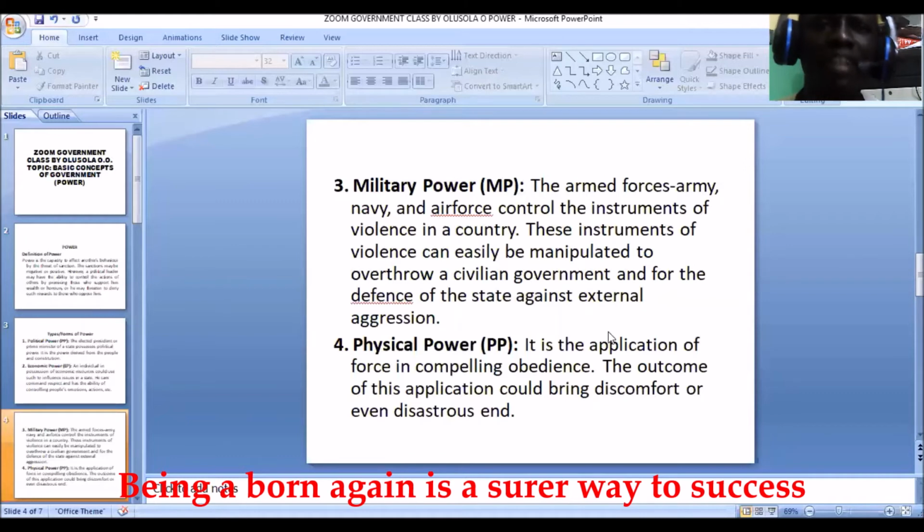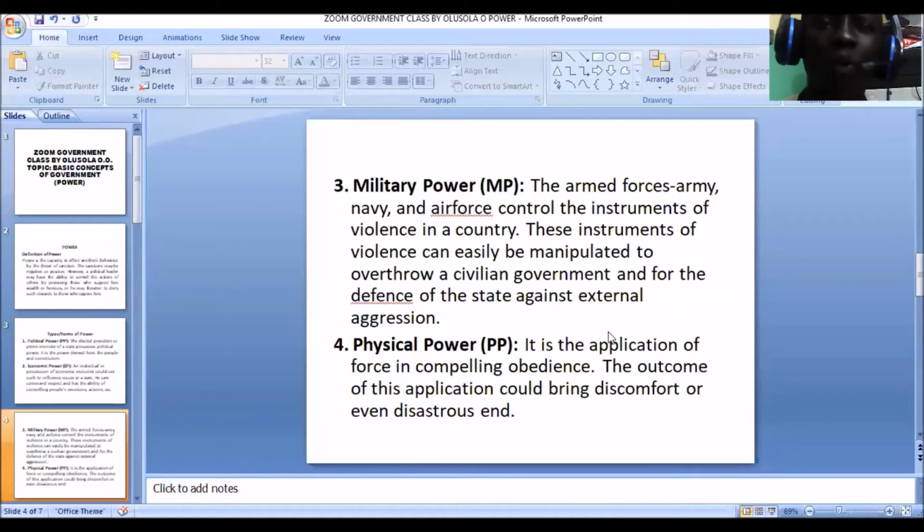The primary aim of this type of power, why countries of the world have this class of people in their countries, is to protect the state against external aggression, external crisis, conflict or war.